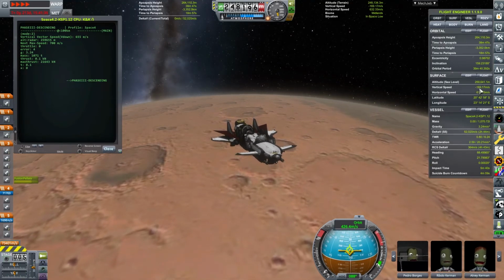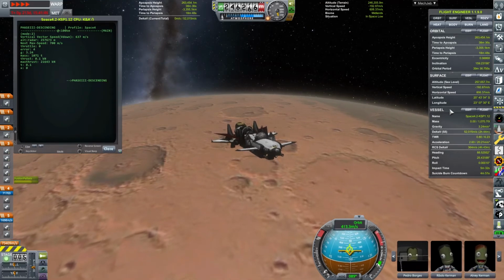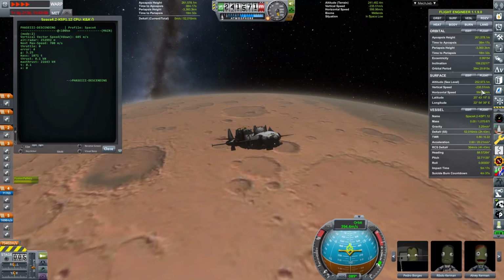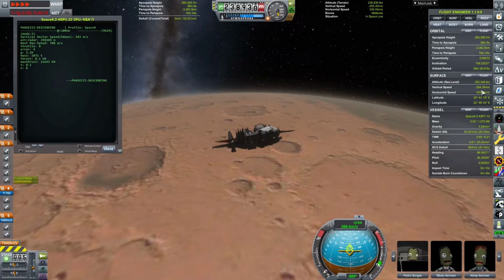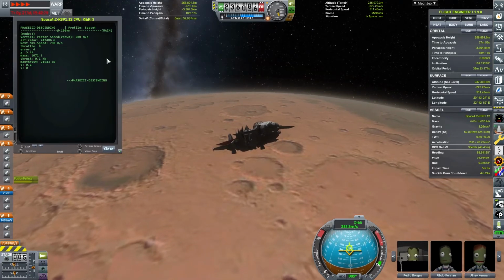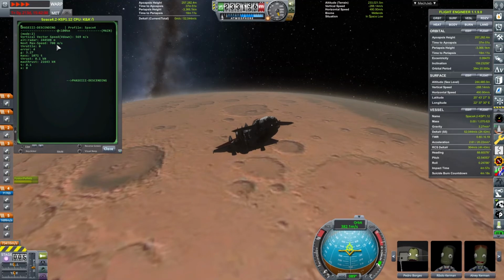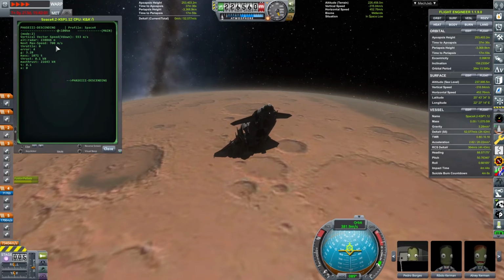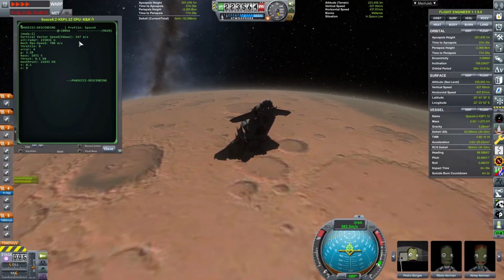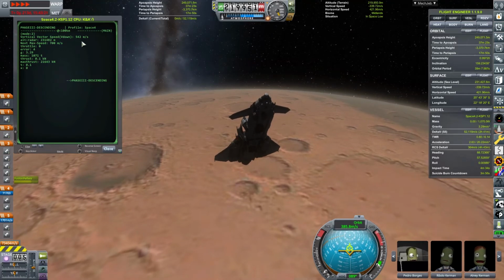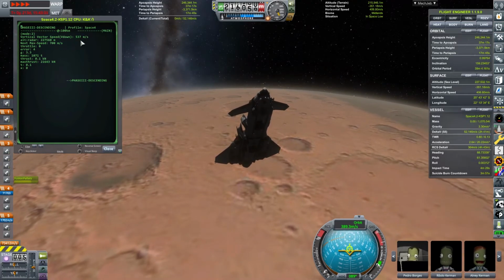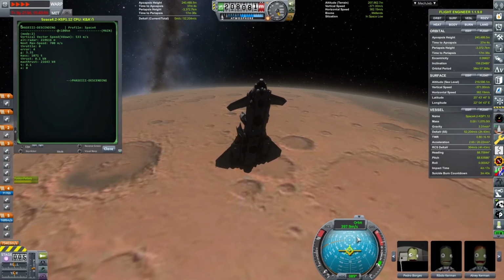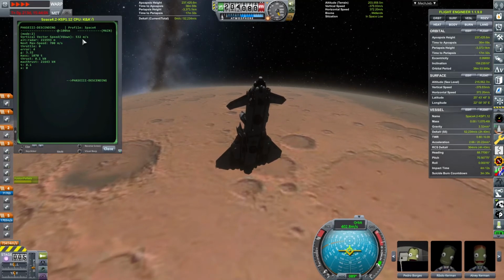At the moment we started to decrease speed, we reduced the engines, and right now we are slowly accelerating towards the surface, but we can never pass a maximum vertical speed that is defined in this variable. This is the maximum vertical speed that we can have, and this is the current vertical speed. As you can see, this is not the orbit speed, but actually the surface speed.